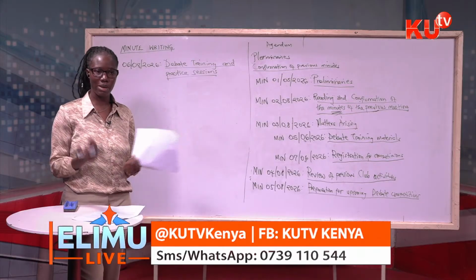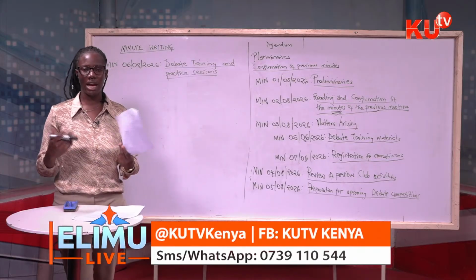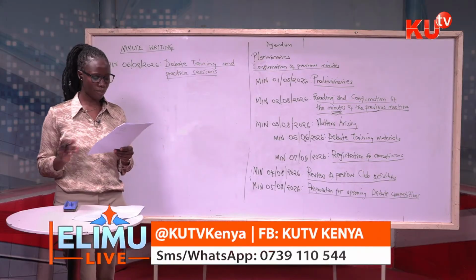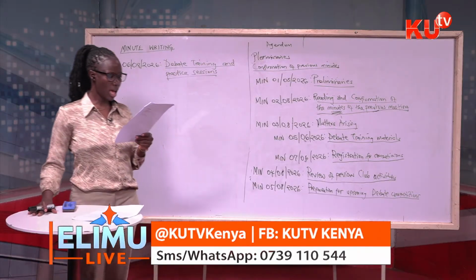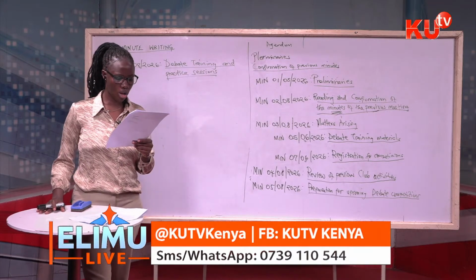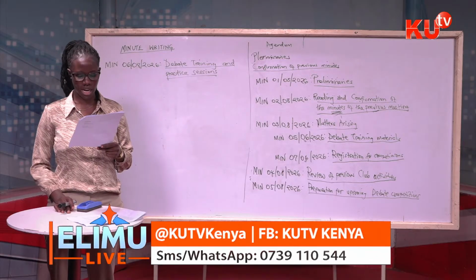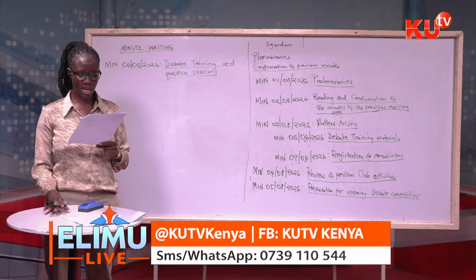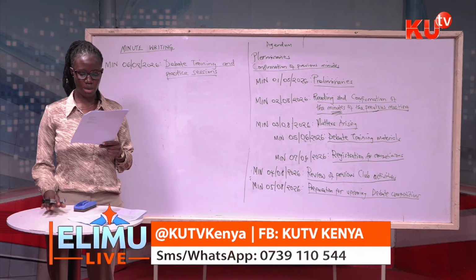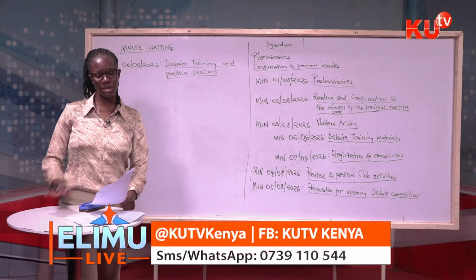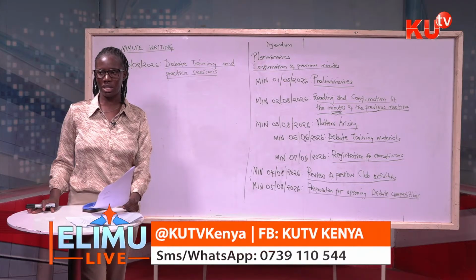So it is the members discussing and agreeing and coming up with the solution. In this case, the club agreed to hold regular training sessions every Tuesday and Thursday after classes. Members would practice public speaking, argument development, rebuttals, and teamwork. So this one you agree amongst yourselves as members of the club.